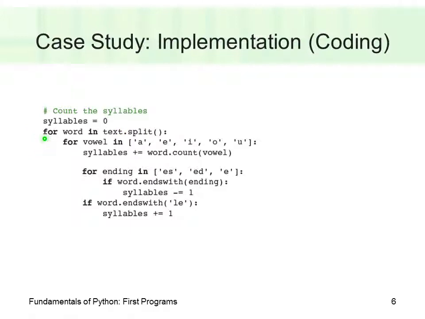But notice, we not only have this for loop, but we have 1, 2, 3 for loops. So we have 2 for loops nested inside the outside for loop. One thing that you should be aware of is that the innermost for loop will execute repeatedly many more times than the middle for loop.